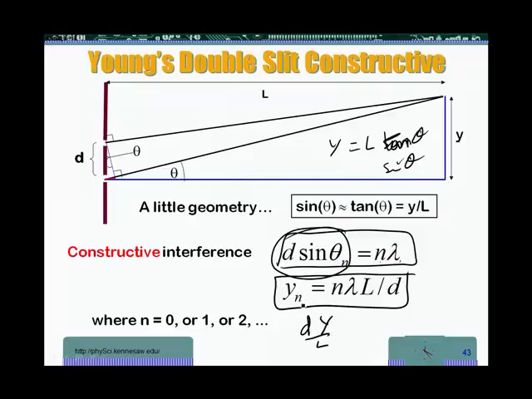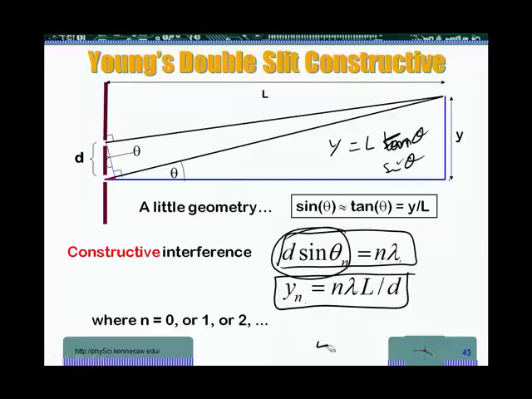So the maxima are given by yn for n equals 0, that's the central maximum. N equal 1 is going to be lambda L over D. N equal 2 is twice lambda L over D, and so on.